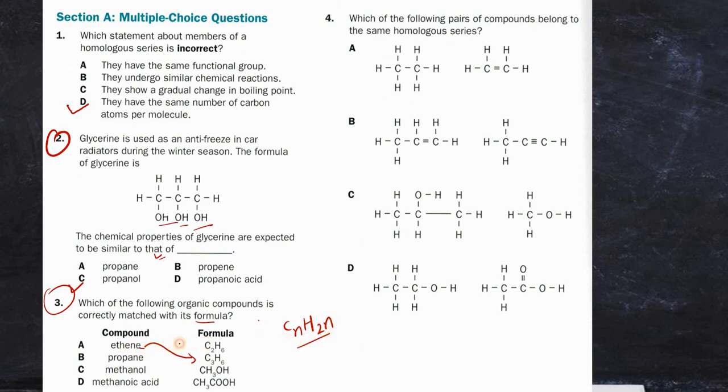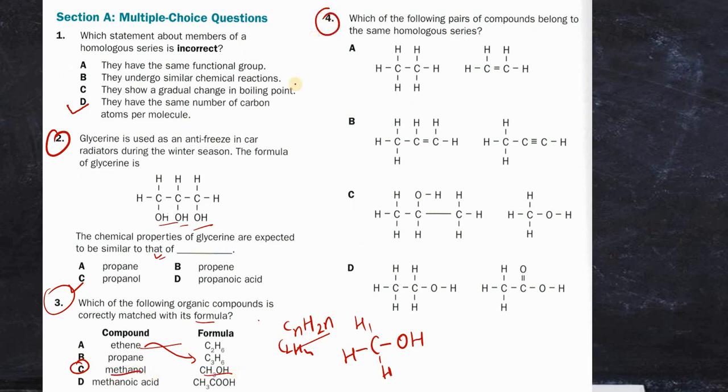No, it is not matched. It should be C2H4, right? It's not matching. Methanoic acid, not correct. Methanol is the only correct option. Meth means carbon number 1, and then put the functional group OH. Write all the hydrogen in the other bonds. So option number C is the only correct option we have.